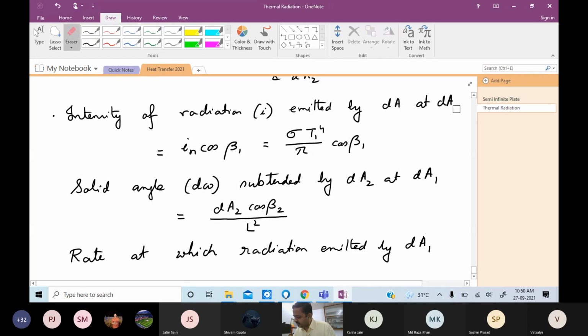Please correct this. Sorry, sometimes while writing it gets a little confusing. Pardon me for that. It is the intensity of radiation emitted by dA1 in the direction of dA2, not at dA2.